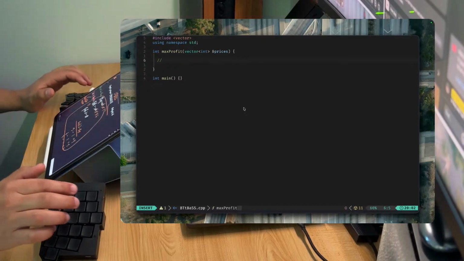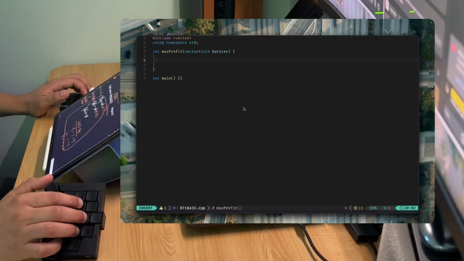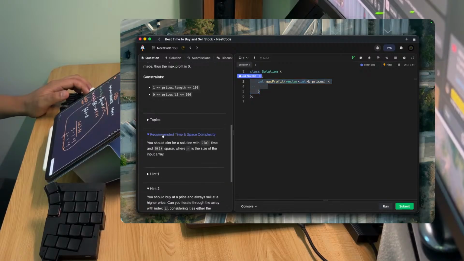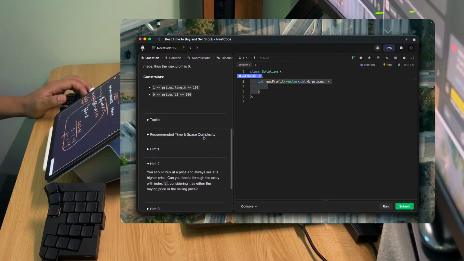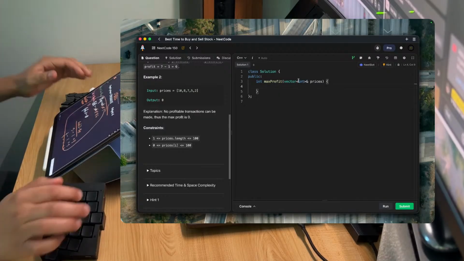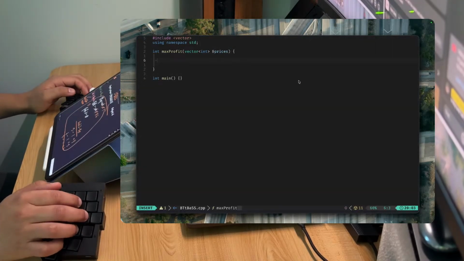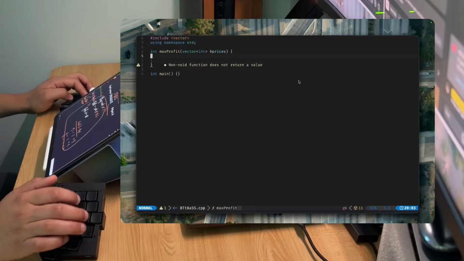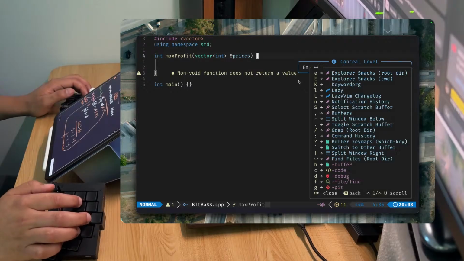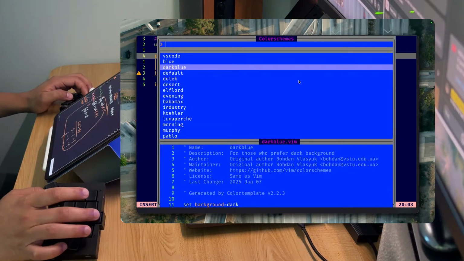This might break in some like weird edge case or something. Because I think part of the problem is like, okay, no, I was thinking like space had to be O of n, but it looks like the recommended is O of 1. So we should be able to do it by just using the parameter. Yeah. Let me change the color on this real quick.